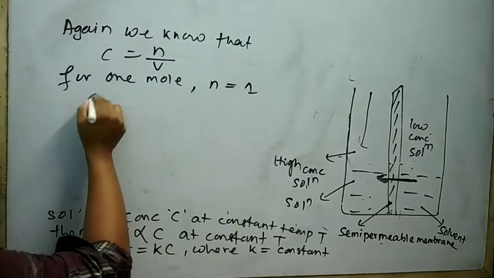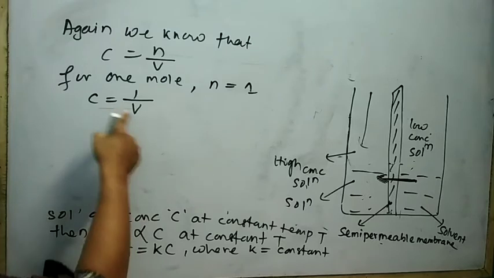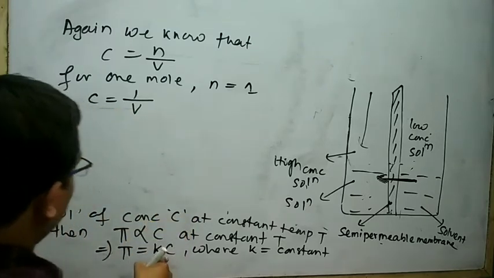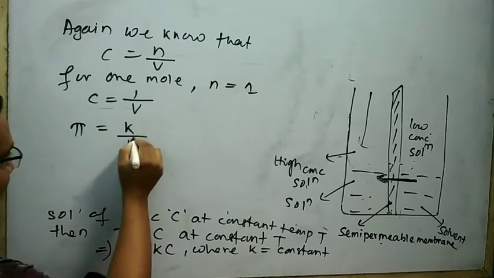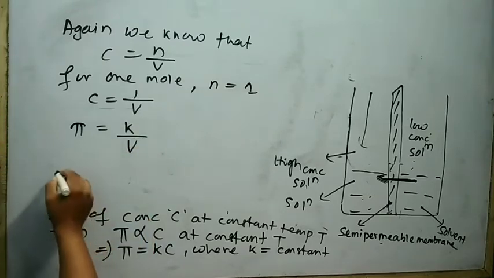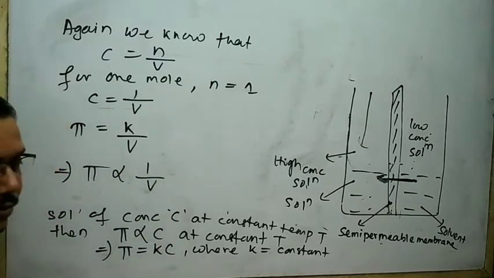Therefore, I can write C equal to 1 by V. Now put the value of C here. Then I can write pi equal to K by V. That means pi is inversely proportional to the volume.